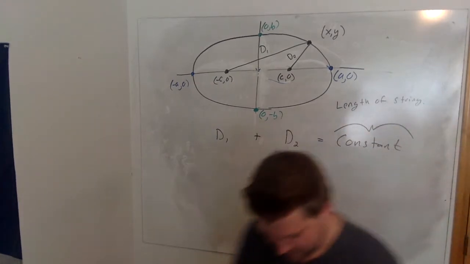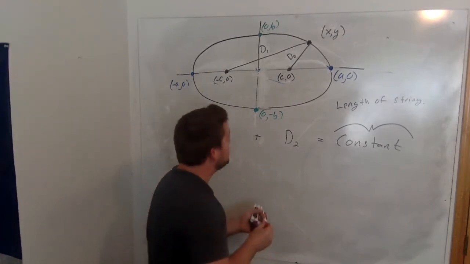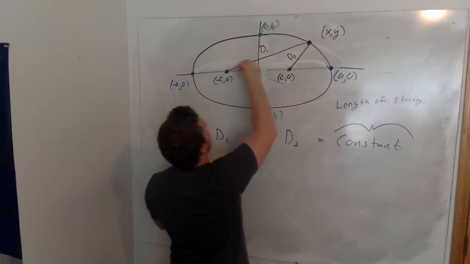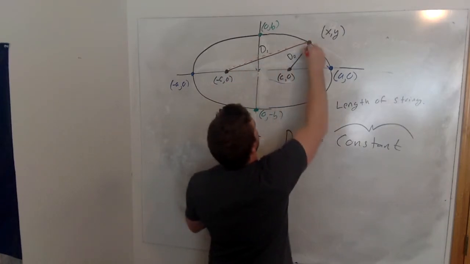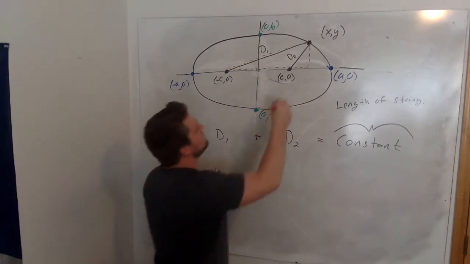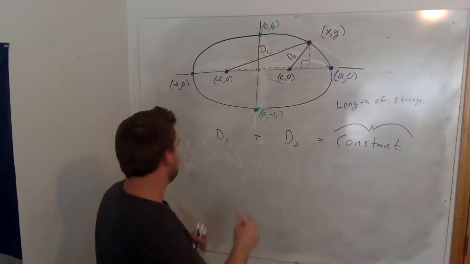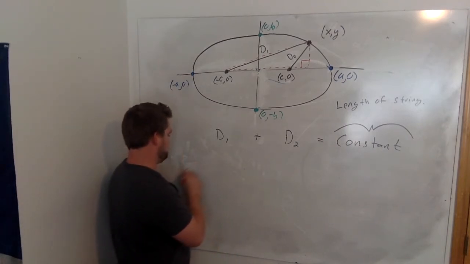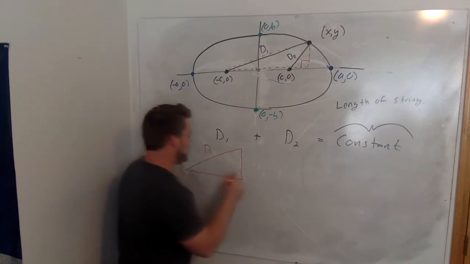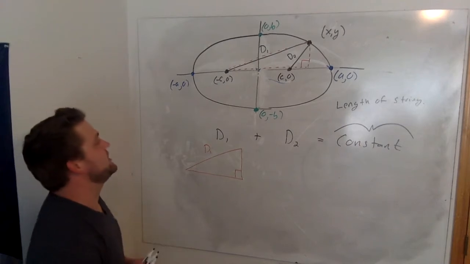Let's think about D1 first. So let's think about this right triangle right here. Maybe I'll draw it right here. This is D1. Now we just need to figure out the lengths of the legs.